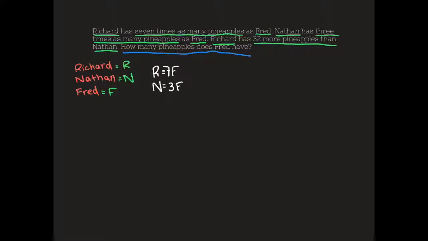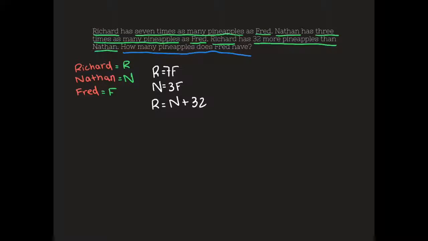And our final equation is Richard has 32 more pineapples than Nathan, so Richard equals Nathan's amount plus 32. Those will be our 3 equations that we need to put against each other in order to find how many pineapples Fred has.